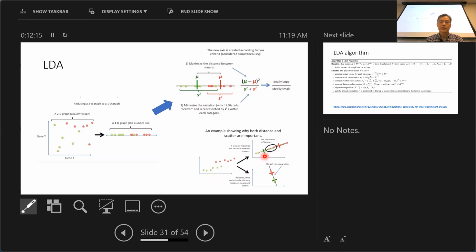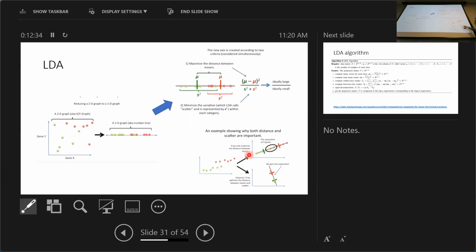So this small example indicates the solution is not this one. It's that one here.